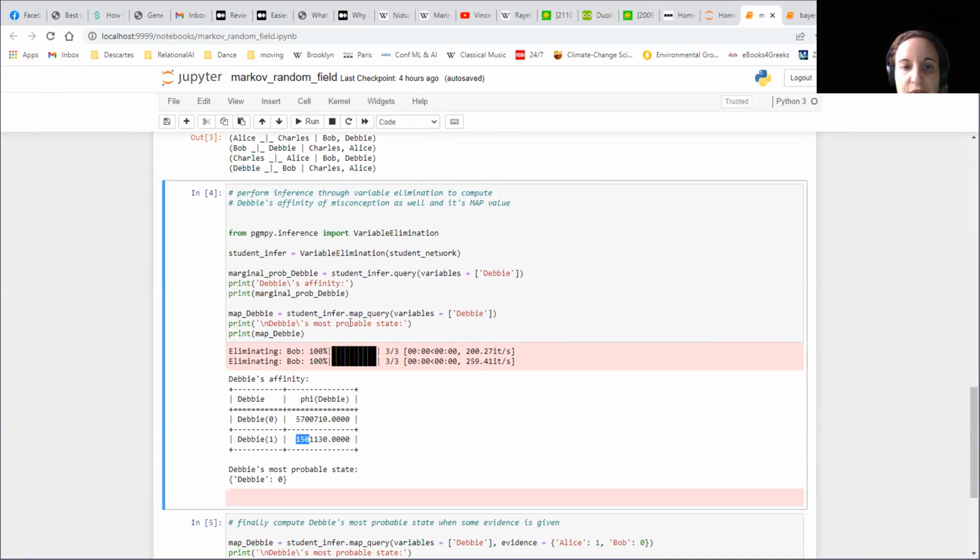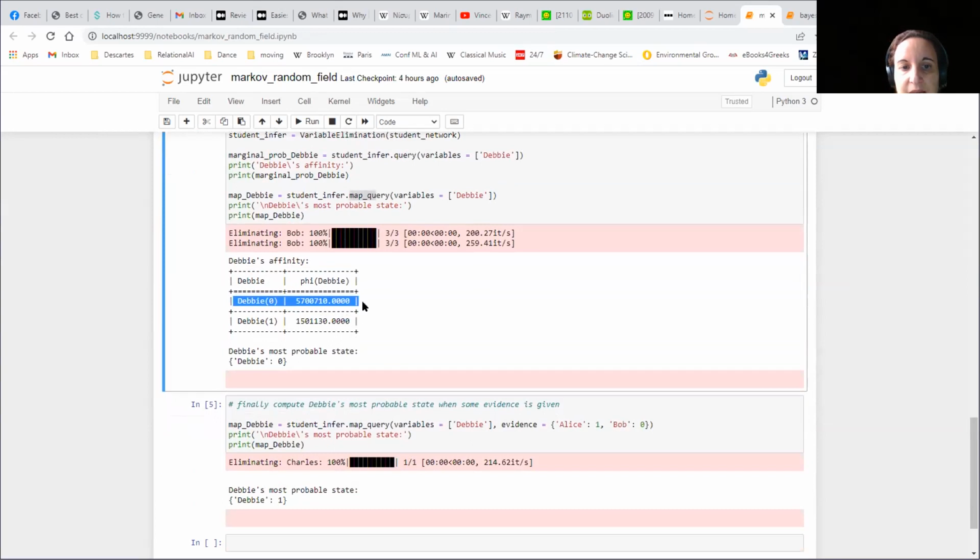And also using the MAP query, we perform MAP inference in order to find Debbie's most probable state, and it's 0. That comes because we already know the marginal probability. It's actually very easy to identify that.